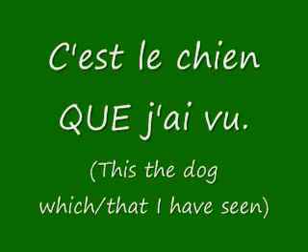J'ai vu le chien. So, le chien here cannot be the subject of the action to see, voir. Instead, it is the object. It is the one that is being seen by me. So le chien will be the direct object, and we will use que.